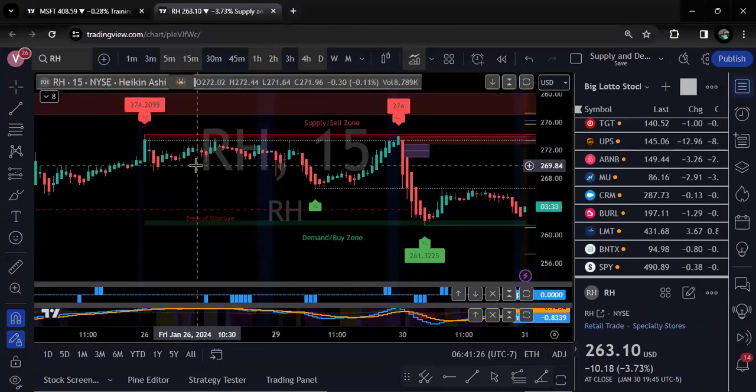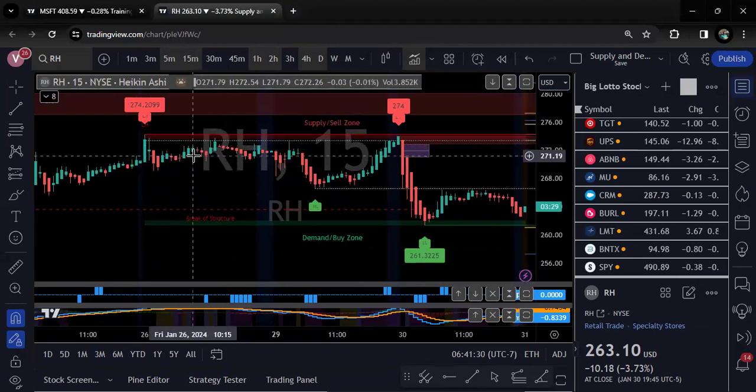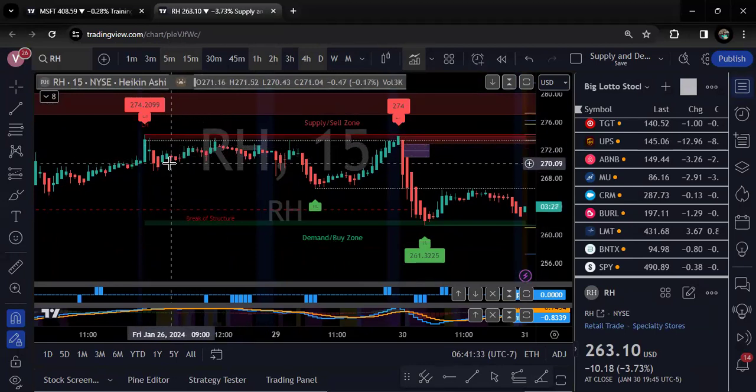Okay, so it had low volume on Friday. If you look at RH, it had low volume. And I told you guys, most of the time, when you have an inside bar, or that stock is constricting and barely moves, you will see it coinciding with low volume.